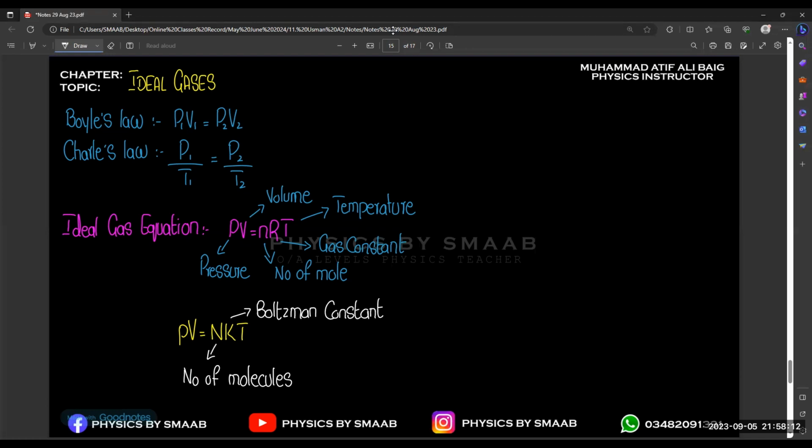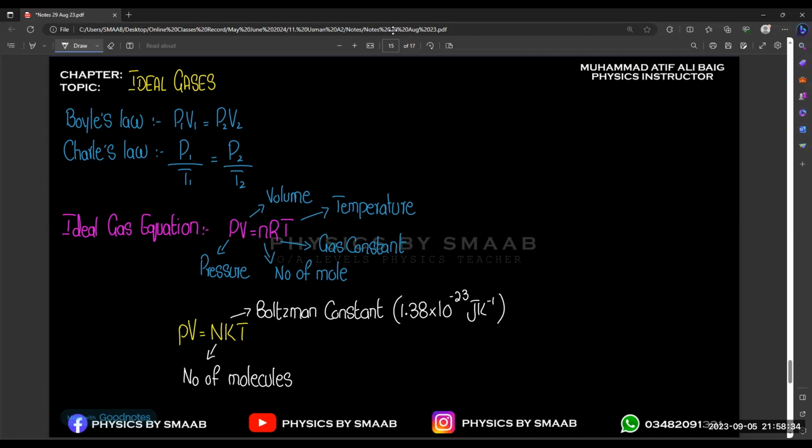This time it is known as the Boltzmann constant, and the value of the Boltzmann constant is 1.38 × 10^-23 joules per kelvin, right? And T represents the same temperature.